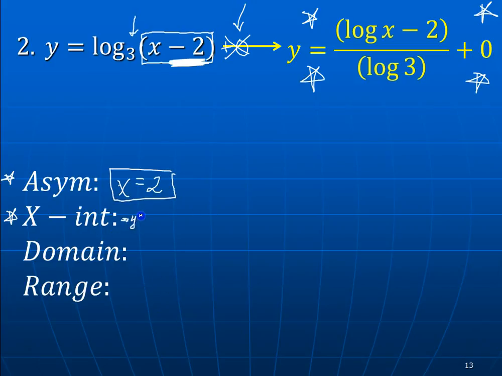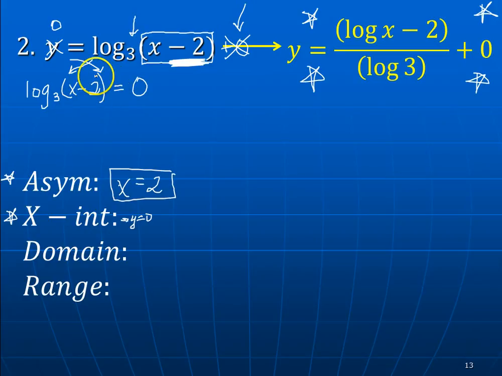X-intercept again, where is y equal to 0? So plug it in. That's 0. I'm going to flip-flop these again to make sure I have consistency with my log on the left. So log base 3 of x minus 2 equals 0. I cannot pull this 2 to the other side because there's parentheses here. So there's nothing on the outside for me to pull over because I can't touch that 2 yet.